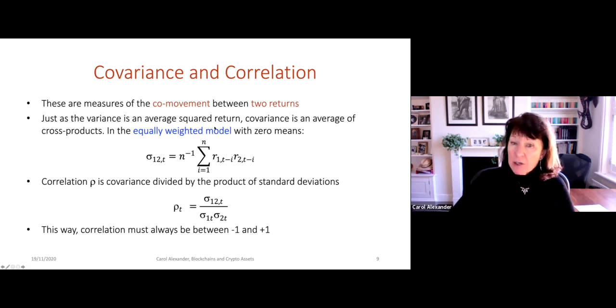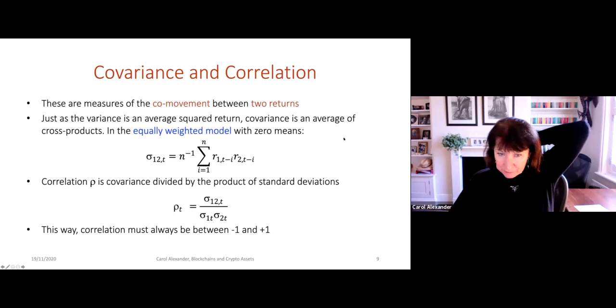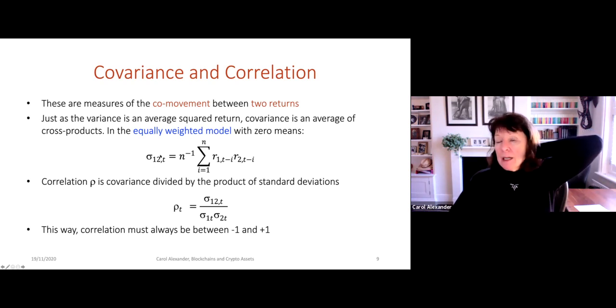In the equally weighted model, instead of the return squared, you take the product of R1, that's the return on Bitcoin, and R2, that's the return on Ether, and you sum up those cross products over the last n days. And that gives you something called sigma 1,2, which is the covariance. And that can be positive or negative. In the scatter plot I just showed you, it was quite likely to be positive.